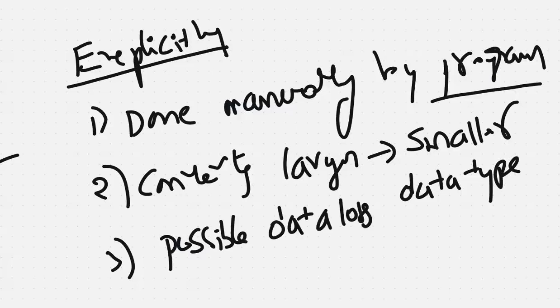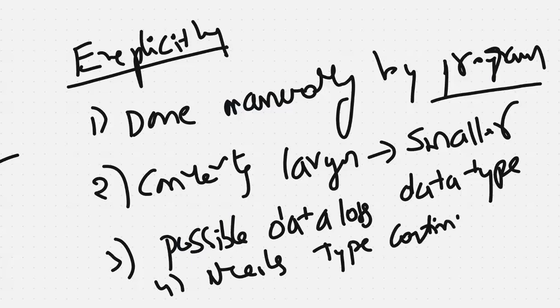And fourth, needs typecast. So here it is done explicitly by programmers. It converts larger to smaller types, with possible data loss, and needs typecasting.